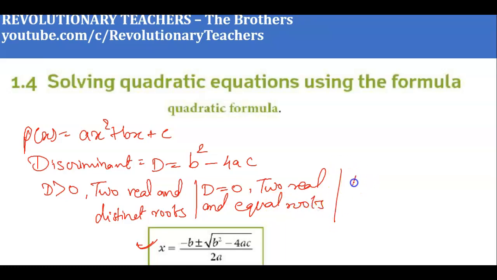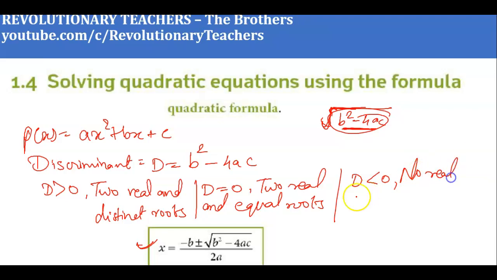But if our discriminant is less than 0, then we won't be able to take the root of b² − 4ac, because the root of a negative number is not real. So no real roots are possible.